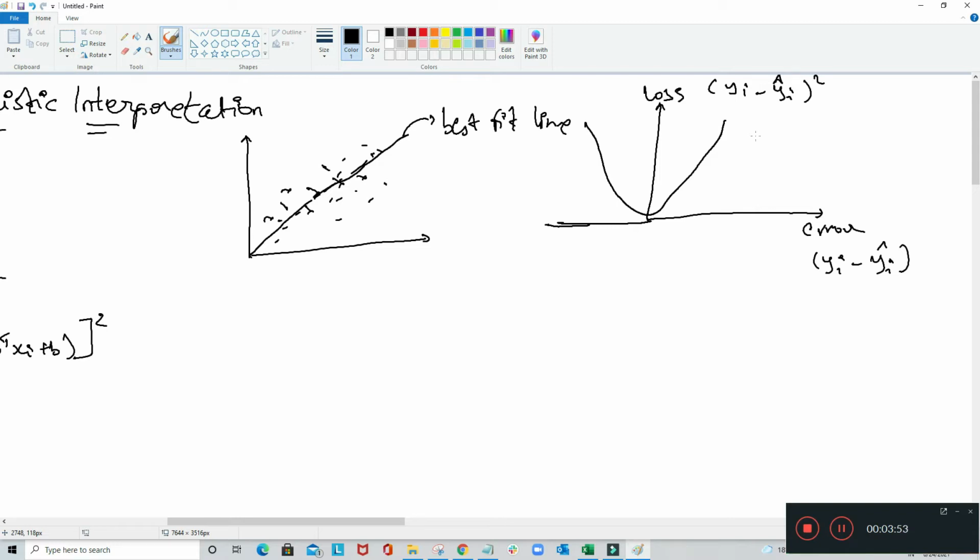So we saw that my error epsilon i is yi minus yi hat. It's given by this equation.